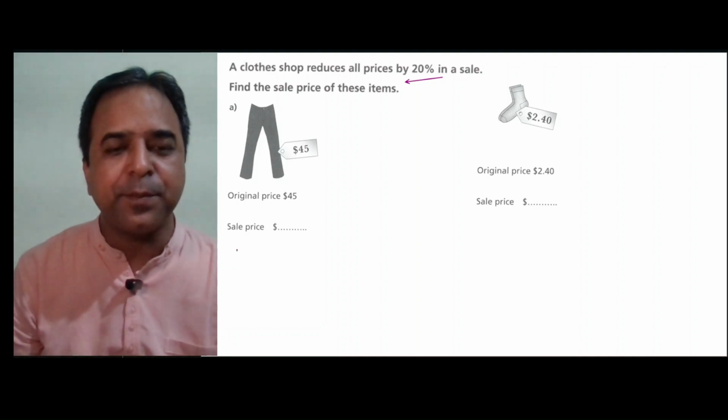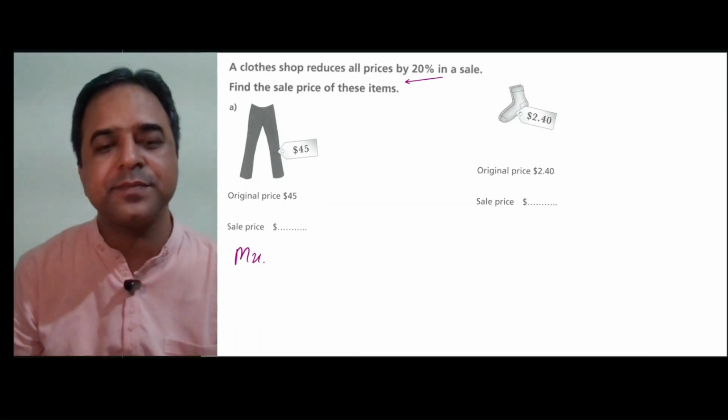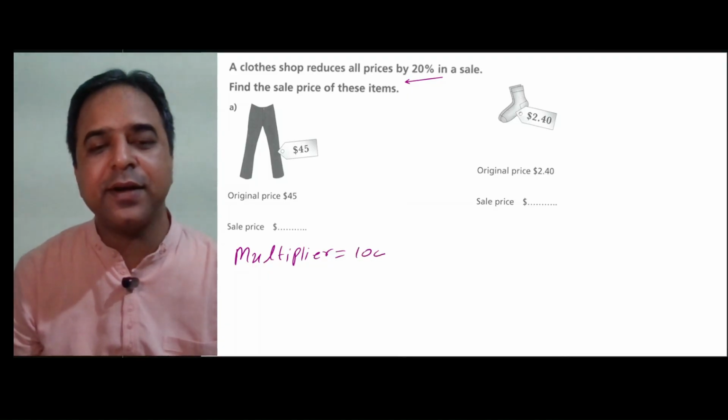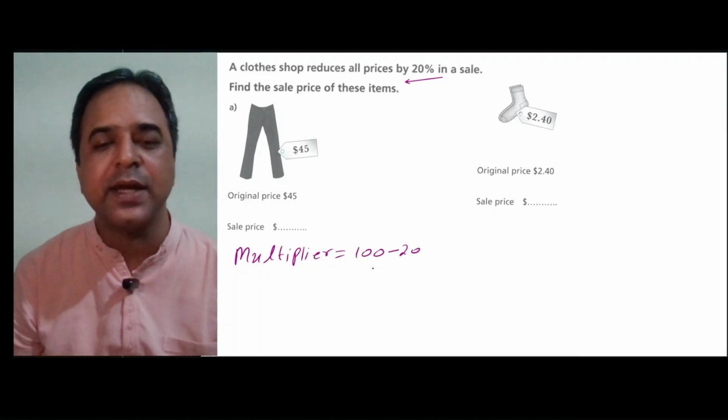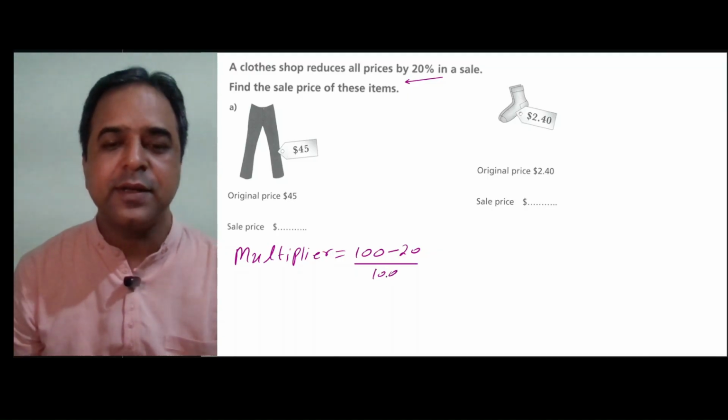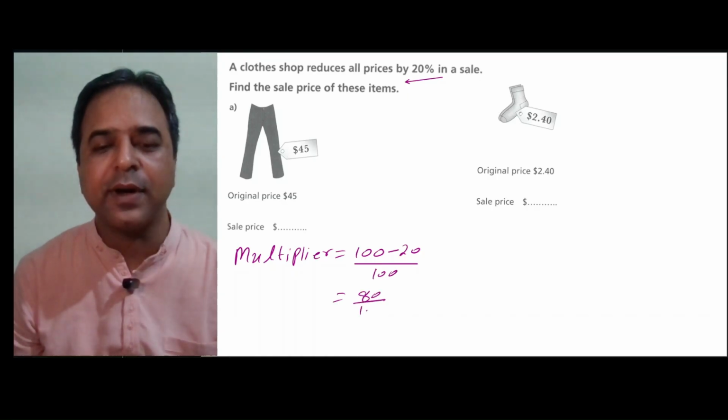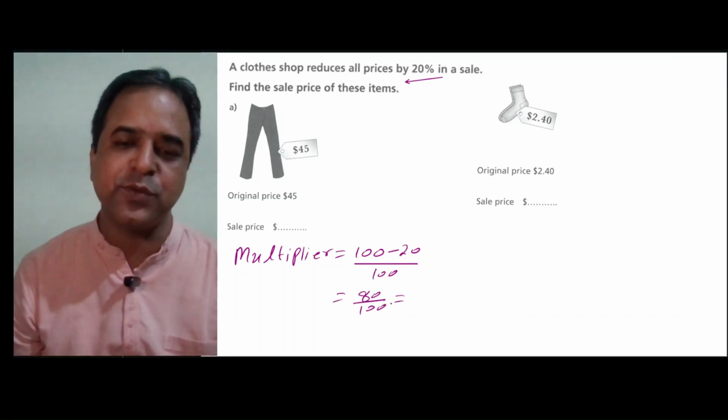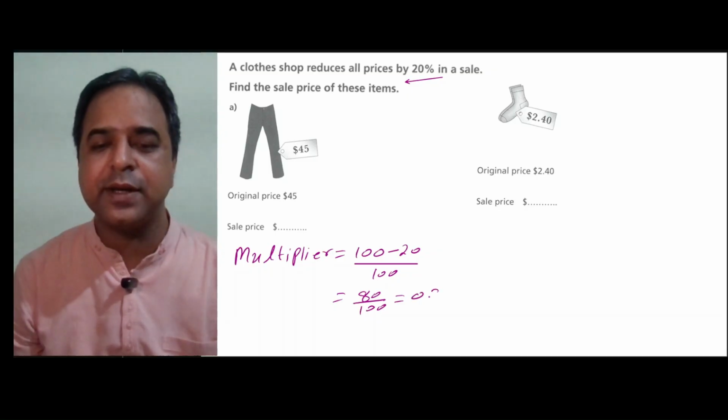So your multiplier is going to be 100 minus 20 upon 100, which will make it 80 upon 100, which will give you 0.80.